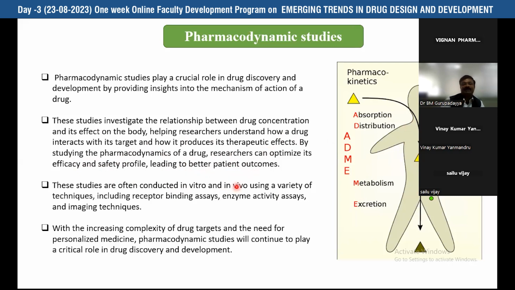This is how these bioanalytical approaches are helpful, giving important information for identifying pharmacodynamic properties. These studies are often conducted in vitro and in vivo using a variety of techniques, including receptor binding assays, enzyme assays, or some imaging techniques. The samples are collected at different time points after the sacrifice of the animals.